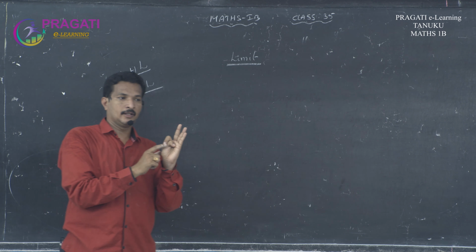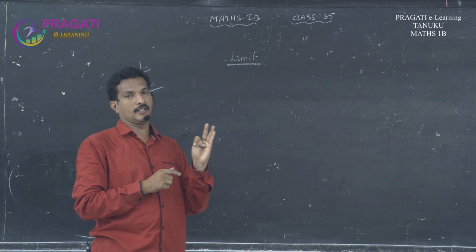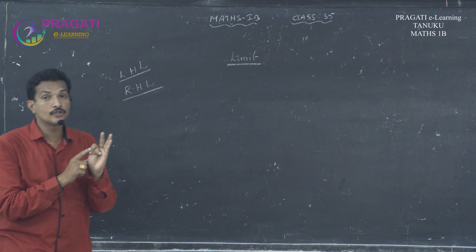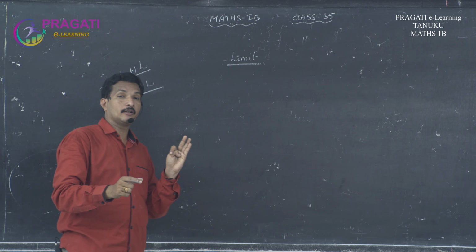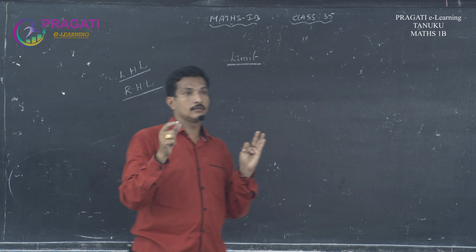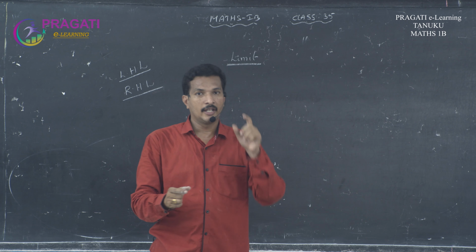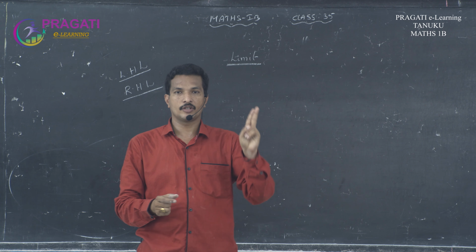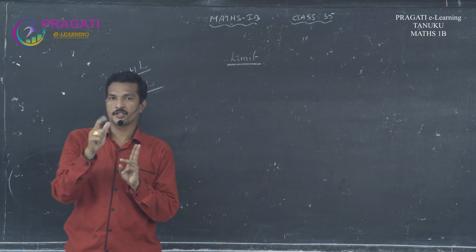Suppose it is of the form either 0 by 0 or infinity by infinity, then we use factorization. In the numerator and denominator, there is a common factor. After cancellation of the common factor, again we use the direct substitution method. So the first model is direct substitution and the second one is factorization.